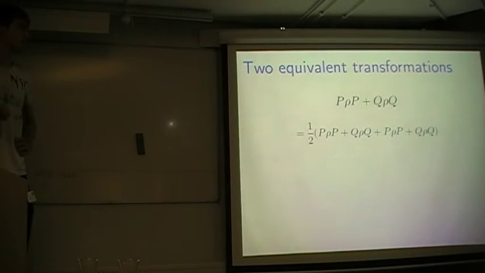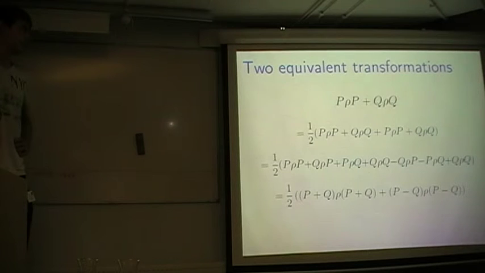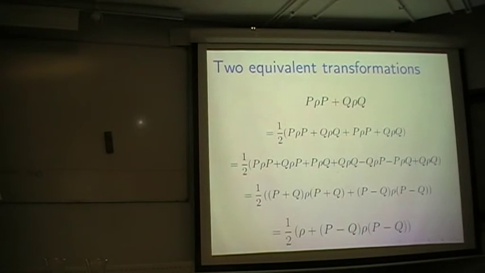And then we can just do a few sort of trivial rearrangements, just doubled the number of terms. I've thrown in something and subtracted it back out again, grouped things around a bit. Notice that, okay, so this was a two-outcome projective measurement, so the two projectors add up to the identity.